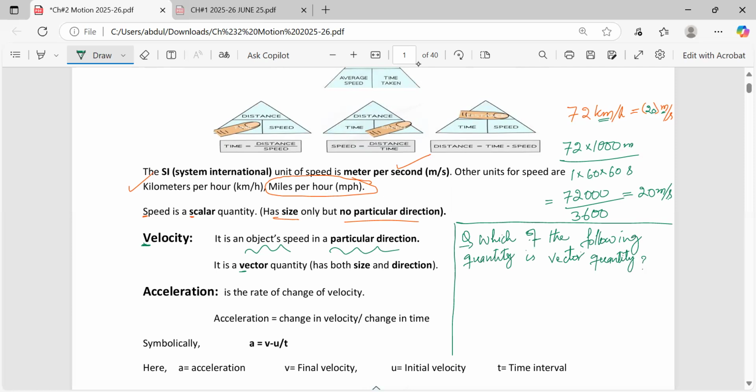Which of the following quantities is a vector quantity? I'm giving you four options.